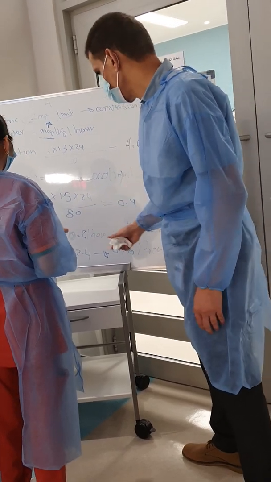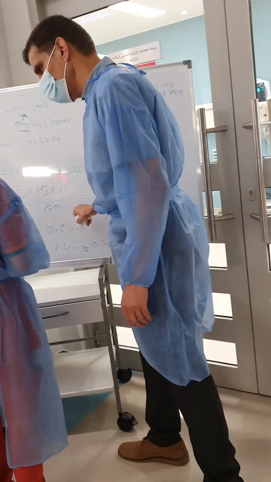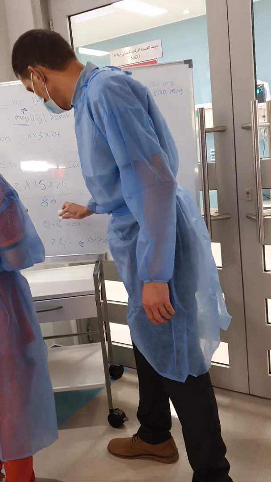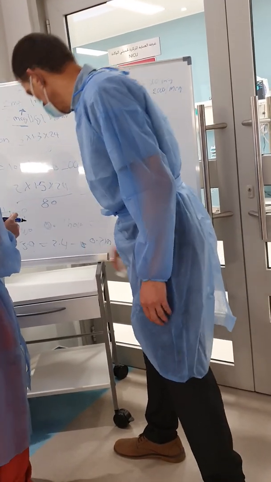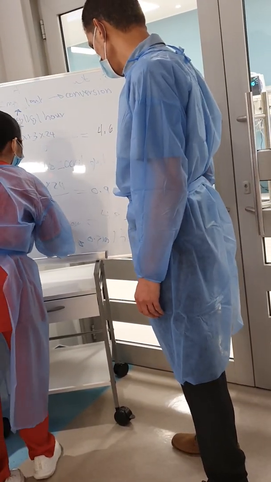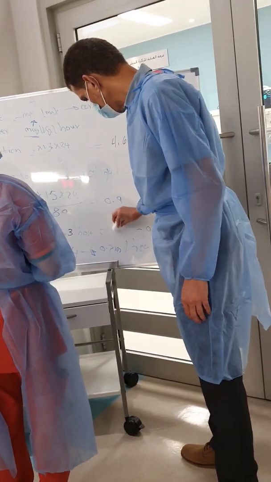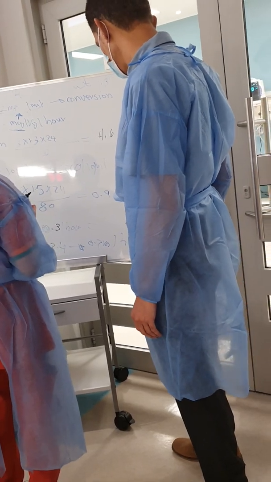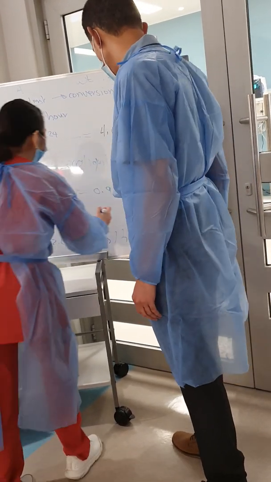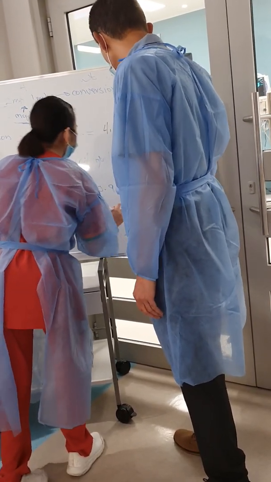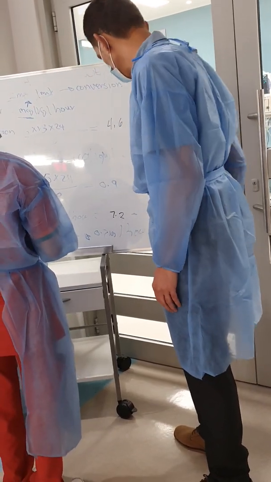So the minimum you need to run, now you decide the type of fluid, as we said, and now we have, the minimum that you can run is 0.3. So 0.3 per hour times the weight times the 24, 7.2. Minus 4.6.